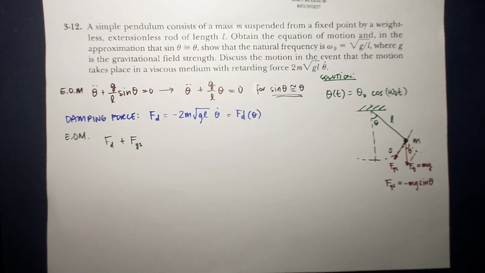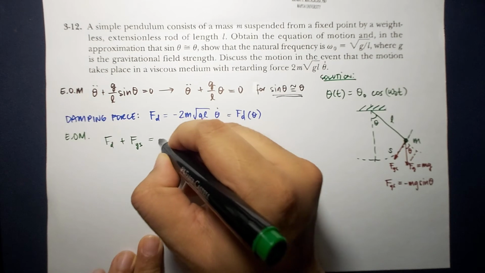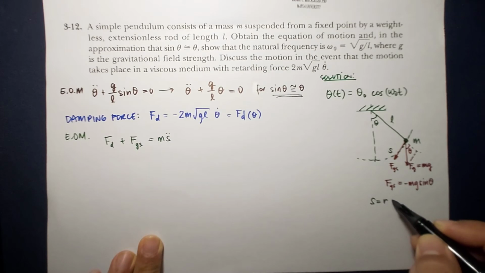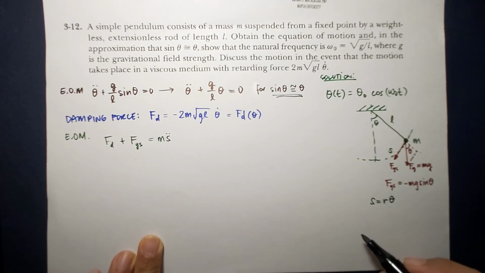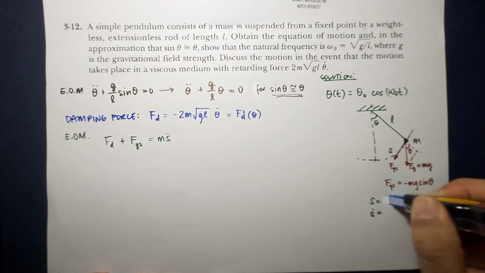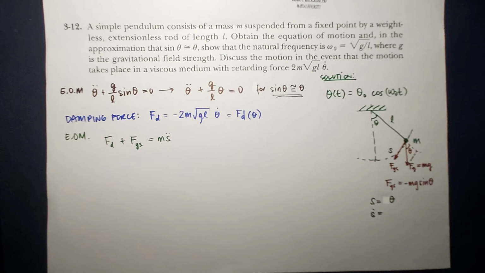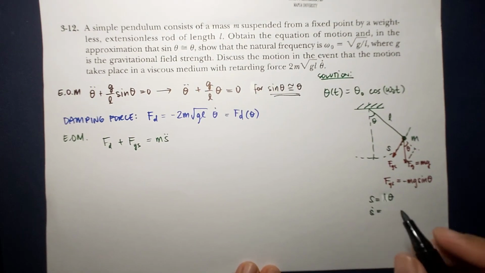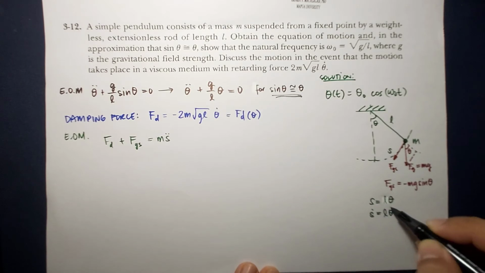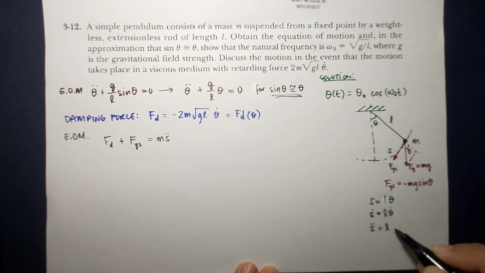Now this is equal to m s double dot. But we know that s is equal to L theta, so s dot is L theta dot, and s double dot equals L theta double dot.